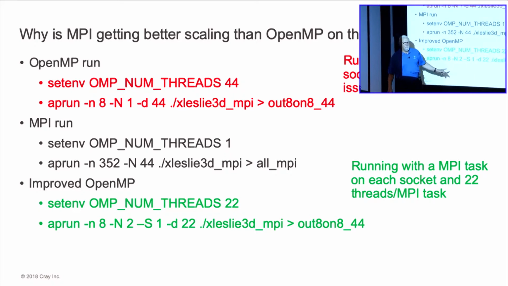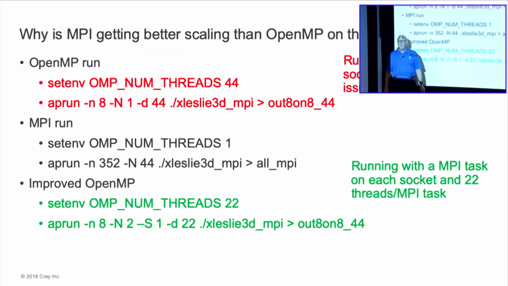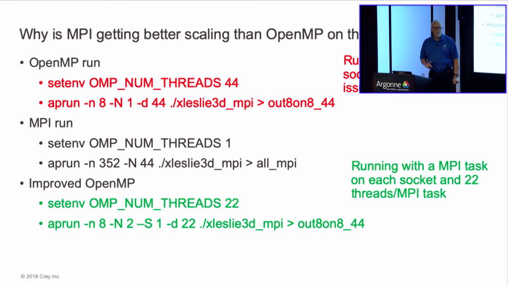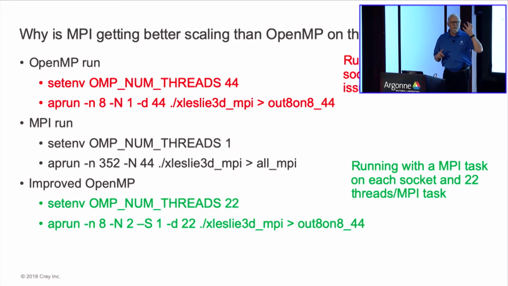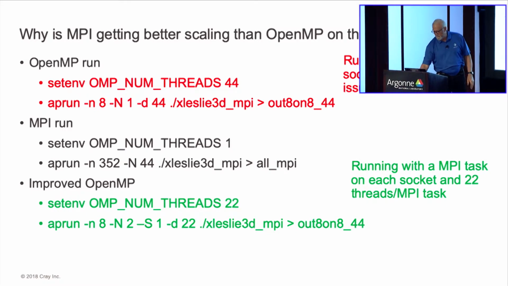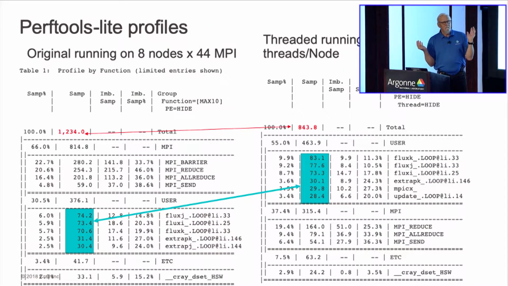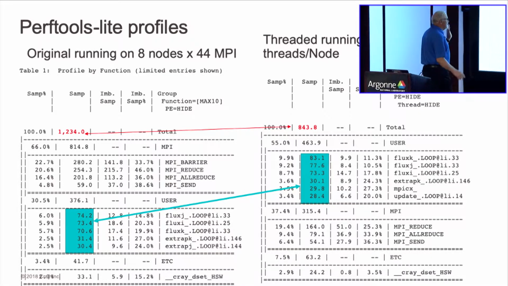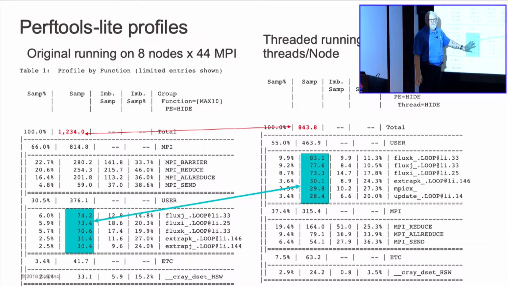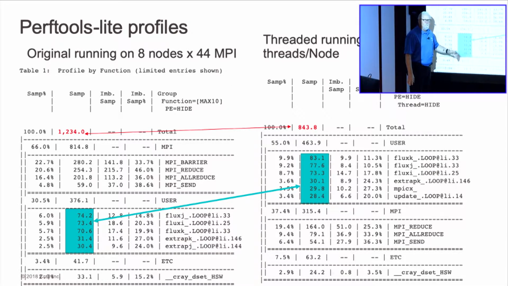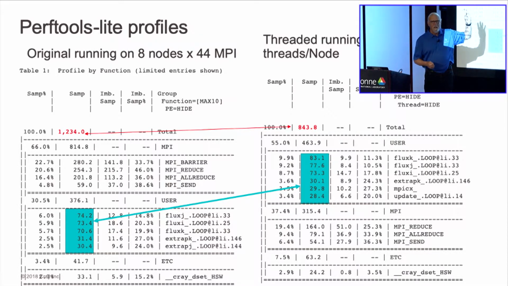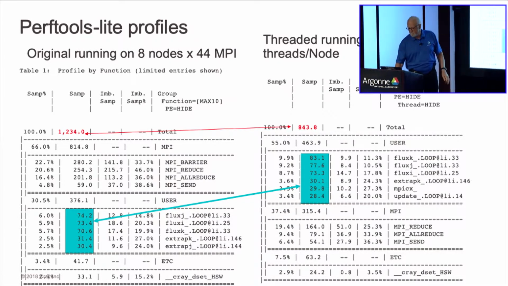So this says I want 1 MPI task per socket, so there's an MPI task on socket 0 and 1 on socket 1. Better. Still not exact, because MPI is just doing everything right, and OpenMP really has overhead.